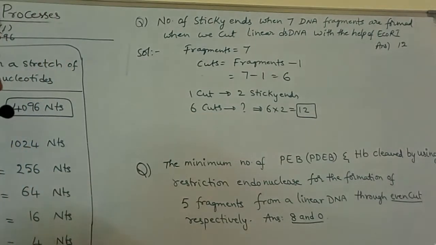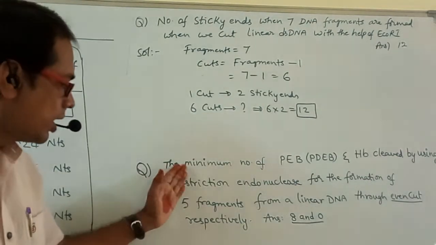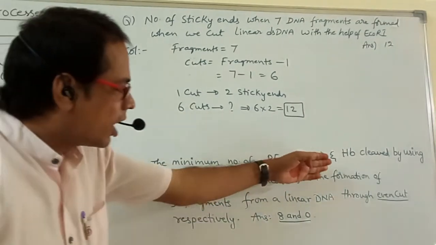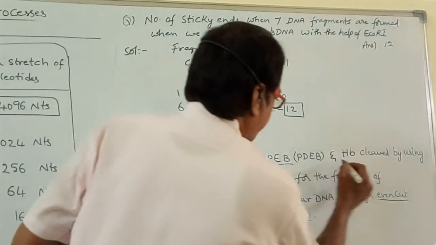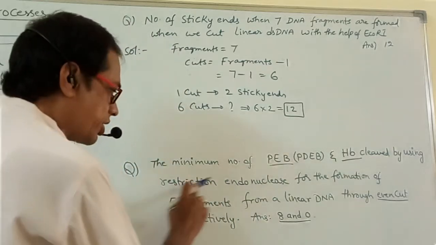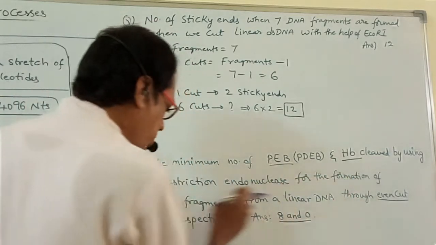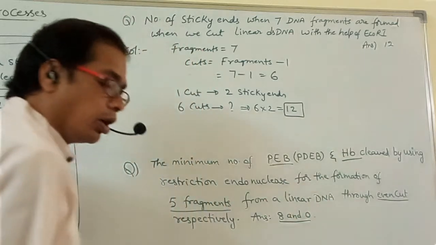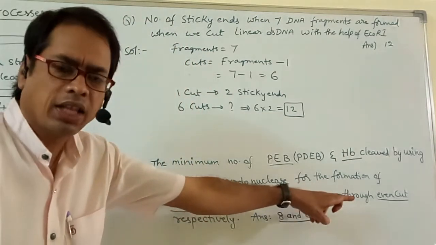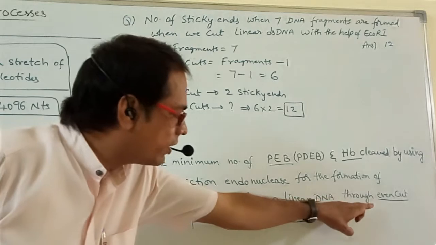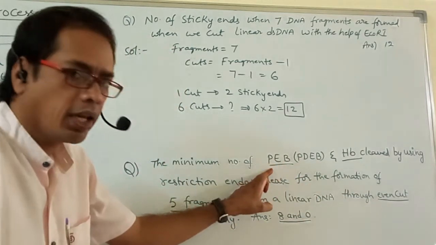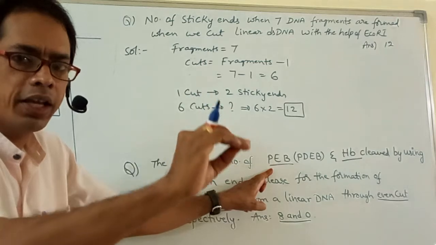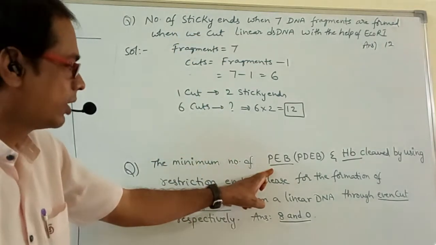Okay. Next, another question. The minimum number of phosphodiester bonds and hydrogen bonds cleaved by using restriction endonuclease for the formation of 5 fragments from a linear DNA through even cut. What is given? Even cut. In even cut, there will be the breaking of phosphodiester bonds and there will be no breaking of hydrogen bonds.